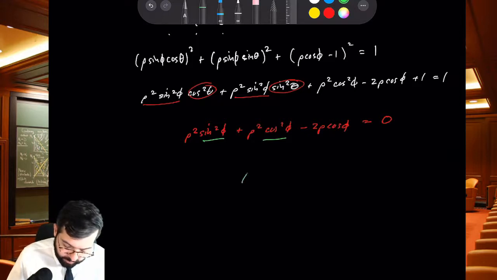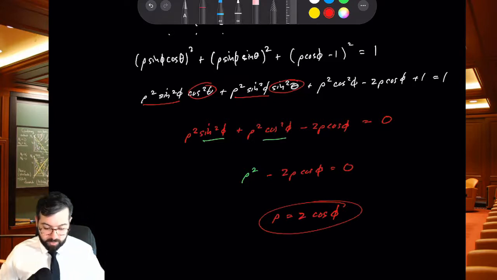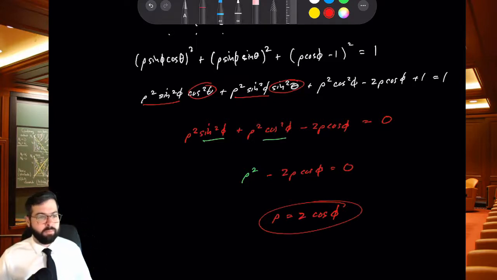We just get rho squared minus 2 rho cos phi equals 0. And so, I mean, you can add this to the other side, divide both sides by rho, and what do you get? Rho equals 2 cos phi to describe the whole surface. Not too bad.